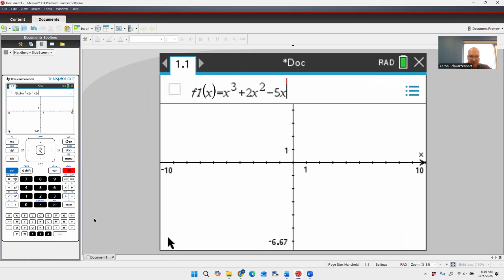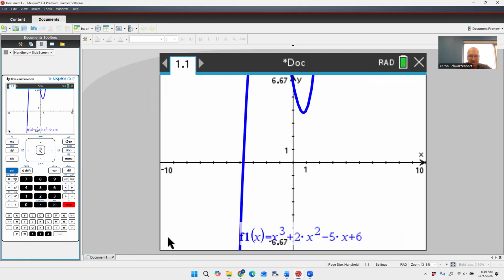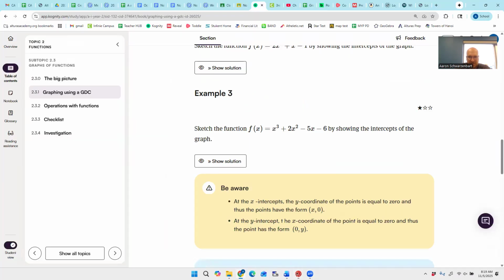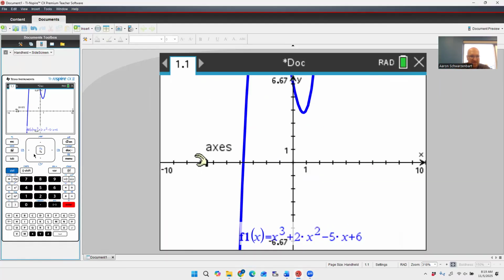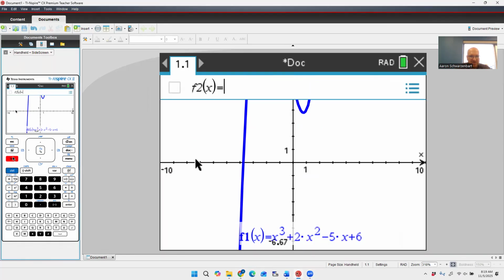Double check, it's minus 6. Either way, we're going to have to adjust our window.